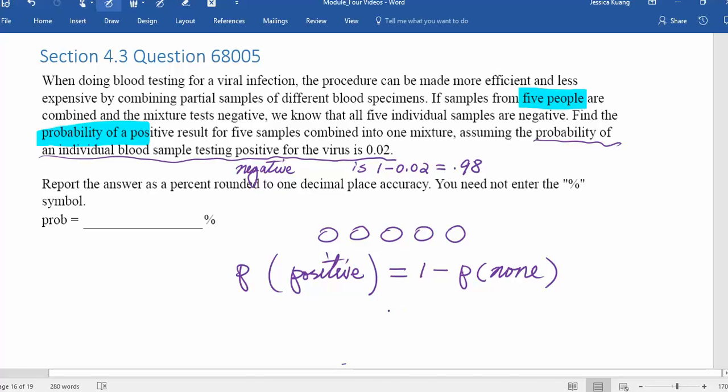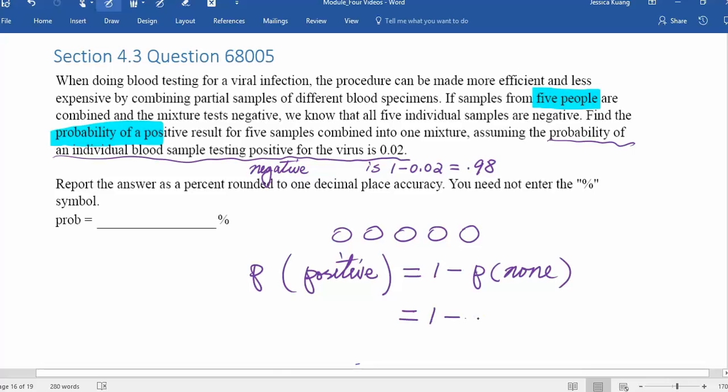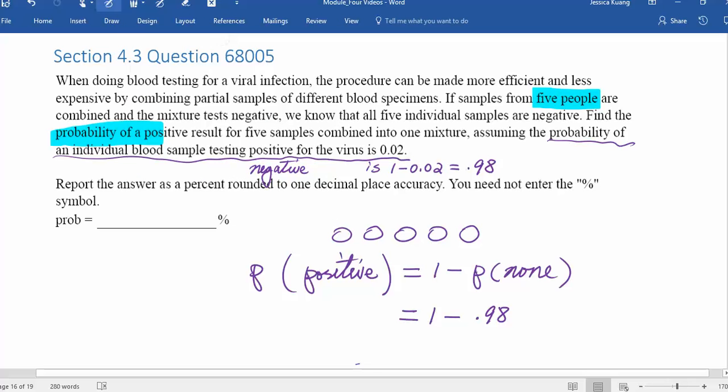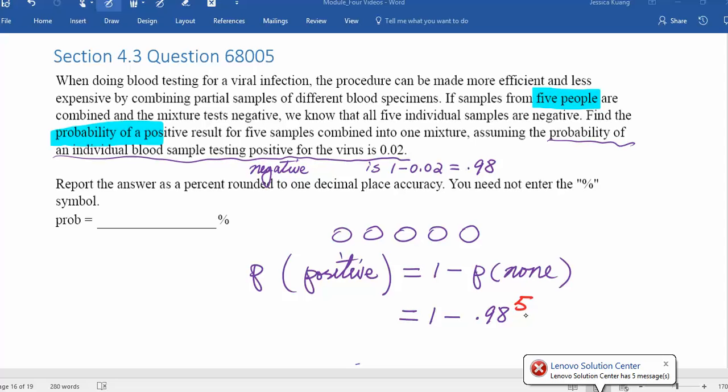And this probability is 1 minus, so the probability of an individual testing negative is 0.98. And, let me use a different color, we have 5 people over here. So all we have to do is punch 1 minus 0.98 raised to the power of 5 into your graphing calculator, and that is my answer.